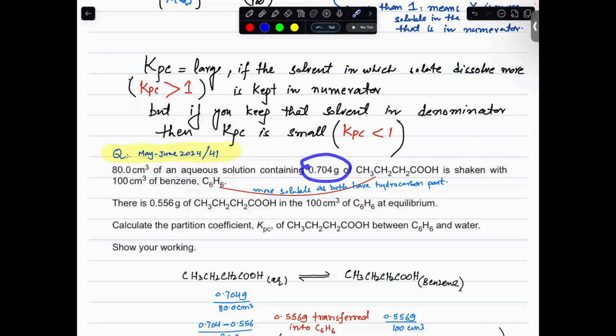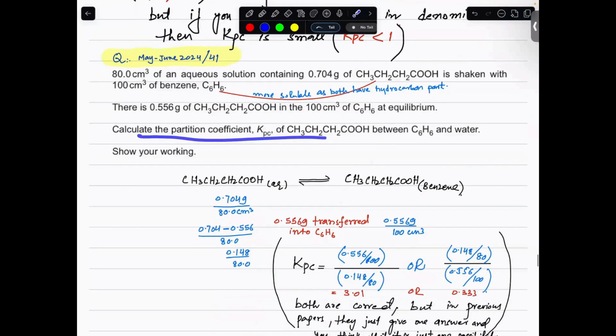It was how much? 0.704 in 80. So when they are shaken, 0.556 propanoic acid is in 100 of the hexane. The remaining is in water. Calculate the Kpc. So what I'm doing, 0.704 in 80 is in water. Then what happened?